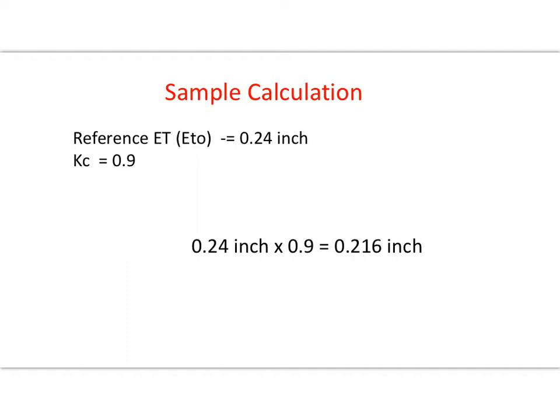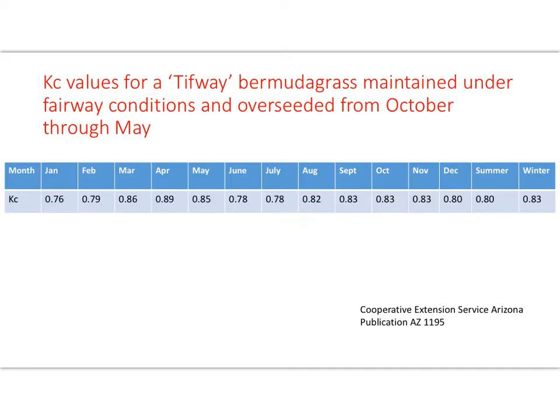In this case, our turf has used approximately 0.21 inches of water for the day. Why is this important? Where irrigation water use is highly regulated, especially in the western United States, this helps determine how much irrigation water to supply.